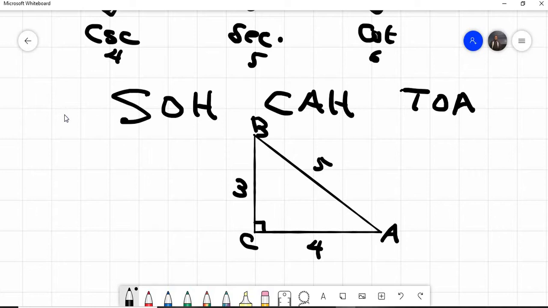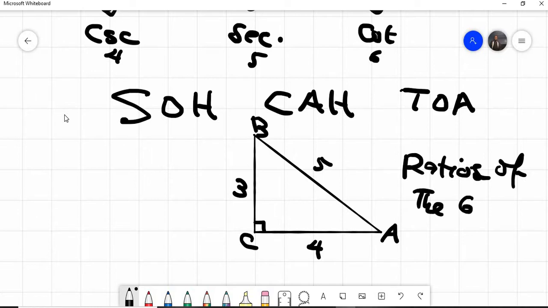We are asked to find the ratios of the 6 trig functions using this triangle.